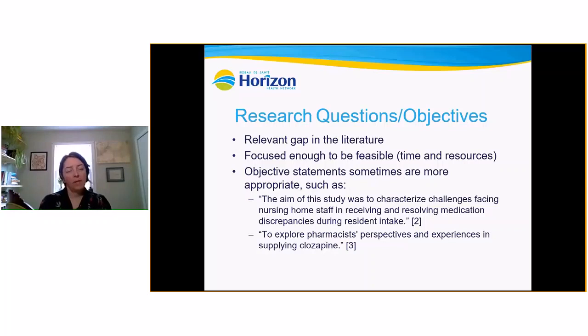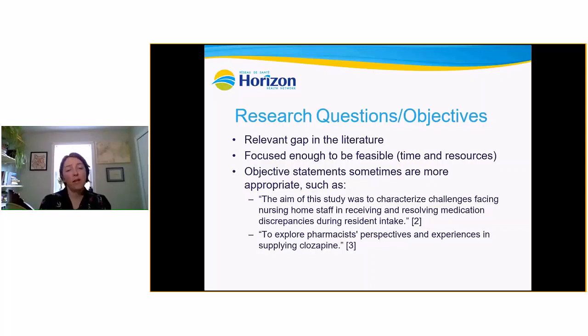Now, sometimes in qualitative research, rather than research questions, although you can have research questions, objective statements are often more appropriate. I've put in here just a few examples. The aim of this study was to characterize challenges facing nursing home staff in receiving and resolving medication discrepancies during resident intake.